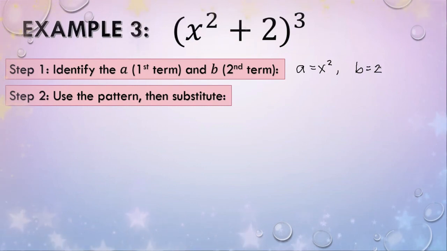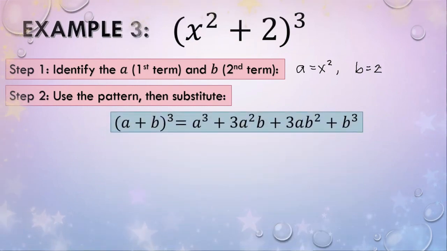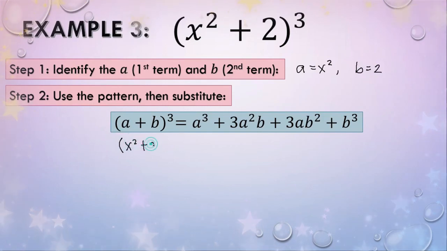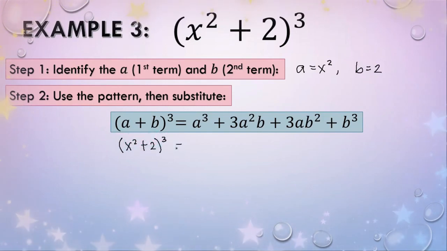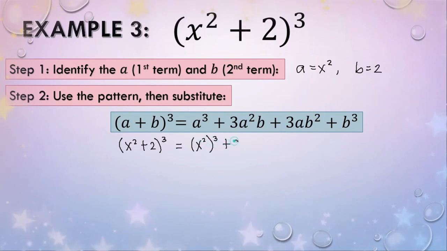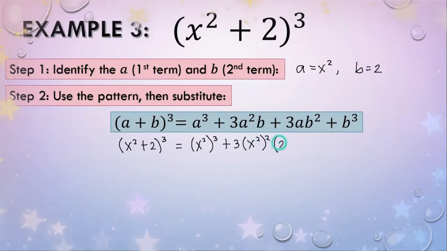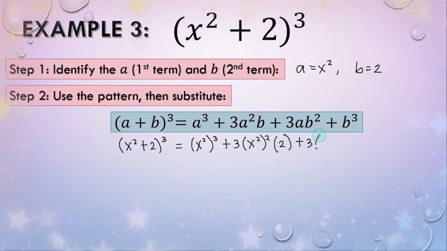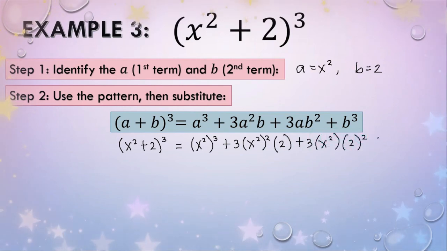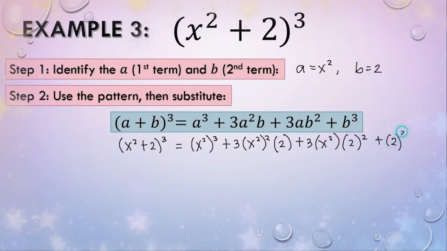Next, use the pattern, then substitute. Our pattern is this one. So, we're going to copy first the given so that we will be guided. Then, substitute: x squared cubed plus 3 times x squared times 2 plus 3 times x squared times 2 squared plus 2 cubed.